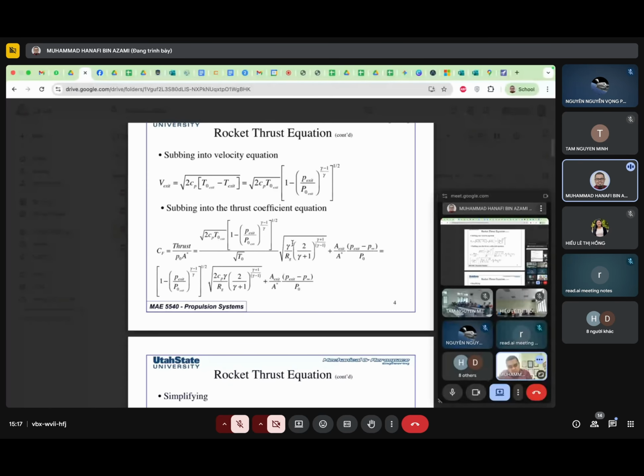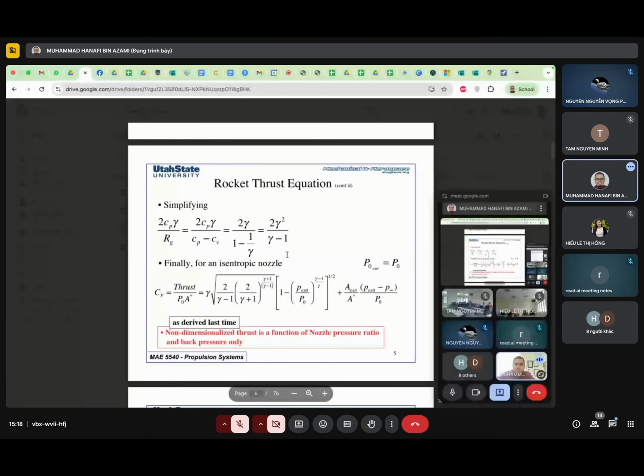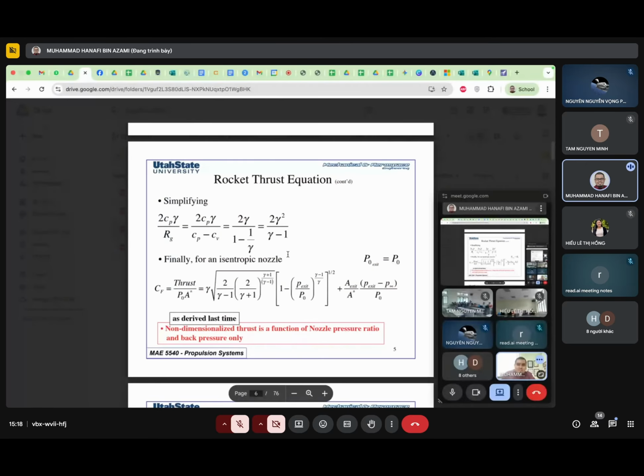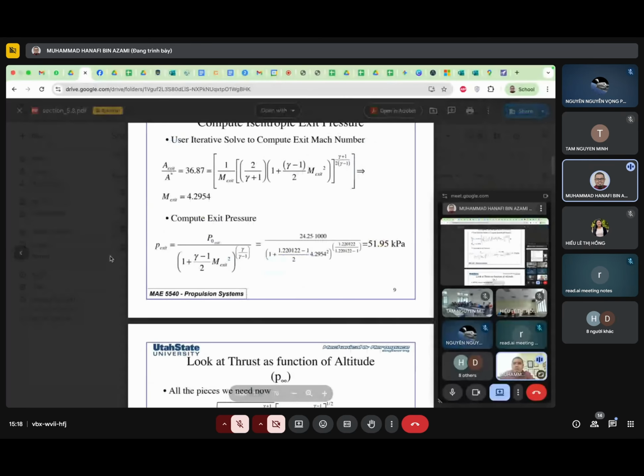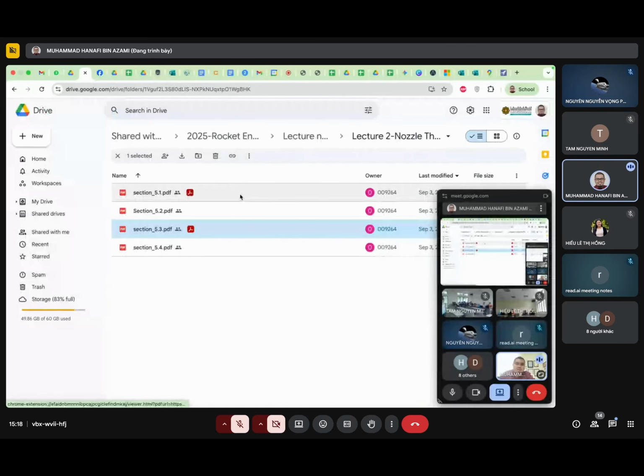By the way, the coefficient of thrust has no unit, but it shows the magnitude of this designed rocket in terms of the pressure ratio. This is why it is important. It is dimensionless. All right. So anyhow, I hope you managed to cover the lecture of nozzle theory. You have four files there for you to cover.